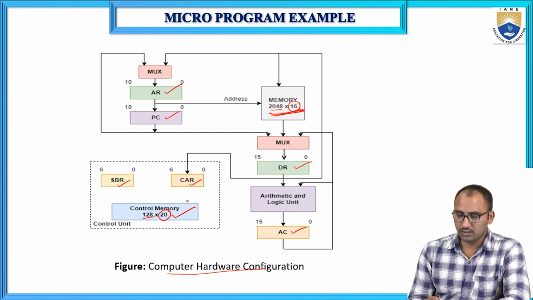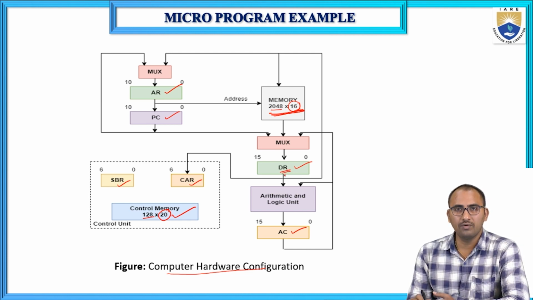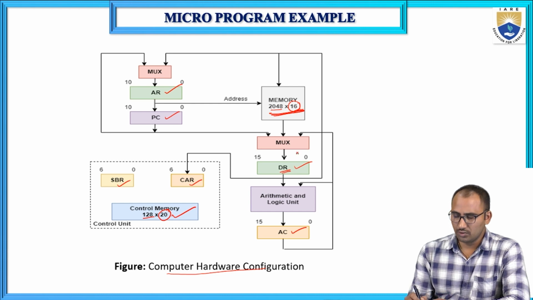Okay, and see here. If you look into the data register, it can receive input from different registers. It receives input from the address register and the program counter, from the program counter to the data register through the multiplexer.